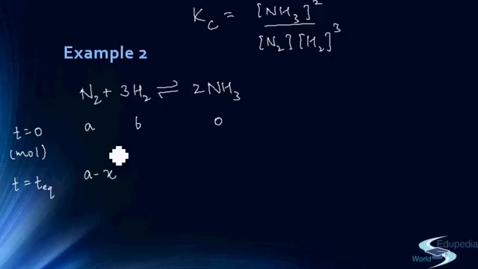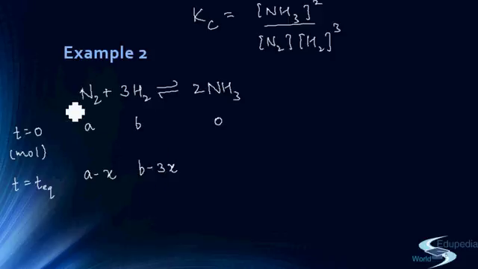You can see from the stoichiometry, 1 mole of nitrogen requires 3 moles of hydrogen. That means X moles of nitrogen will require 3X moles of hydrogen. That is, moles are consumed in proportion to the ratio of their stoichiometric coefficients. So if X is the moles of N2, then 3X will be the moles of H2 consumed.